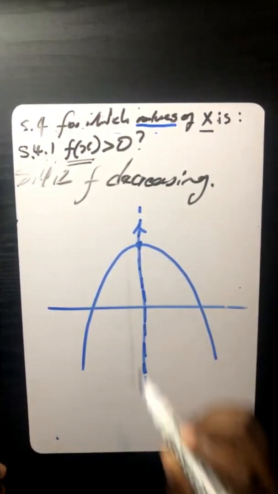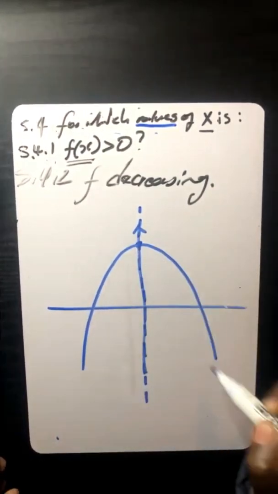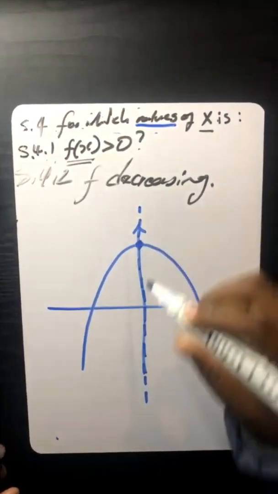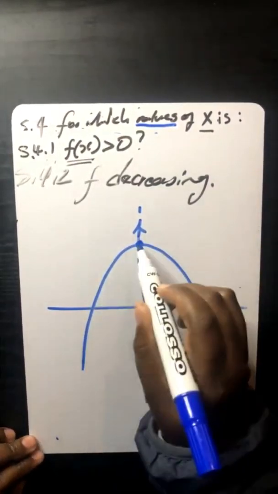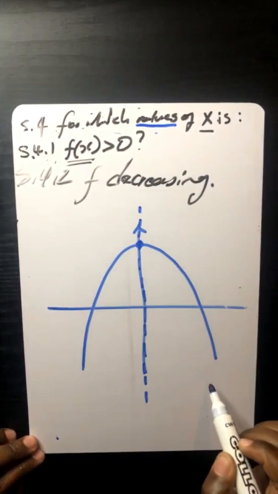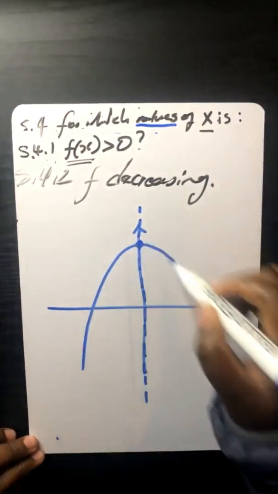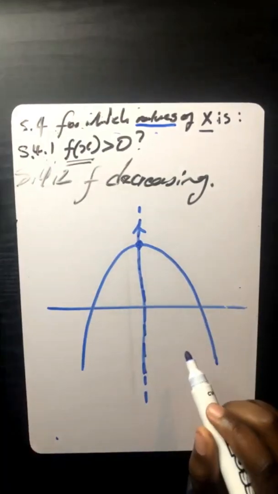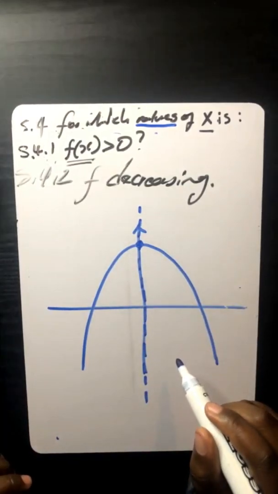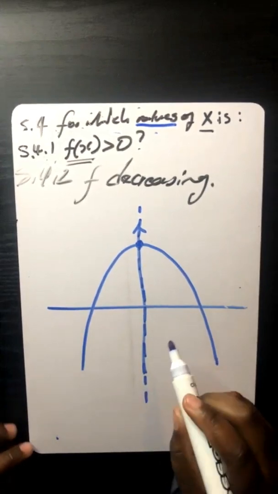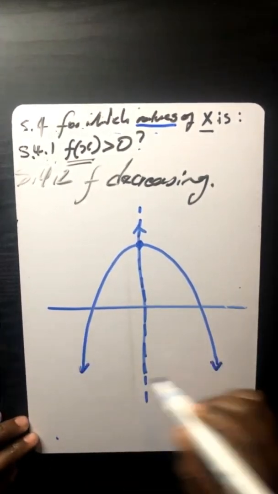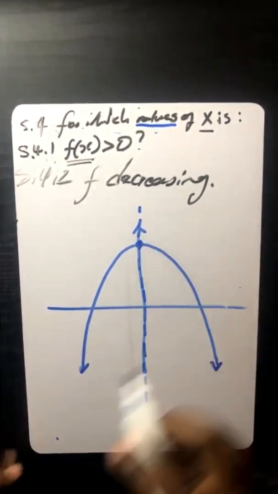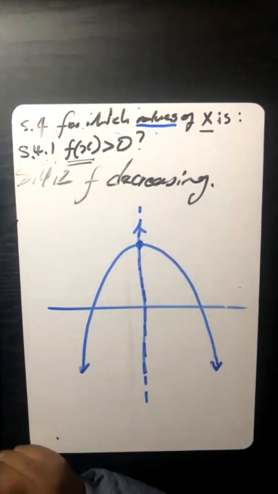So this is half, this is half, and this is the turning point. You have this part and that part. Between this part and that part, there's one which is increasing and another which is decreasing. That's something you need to investigate, to say between this side and that side, which one is increasing and which one is decreasing.